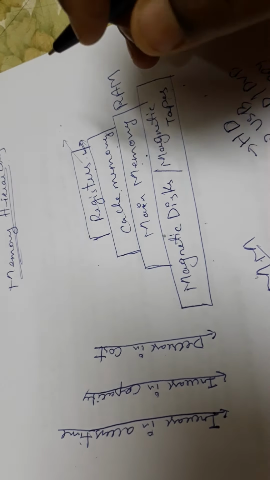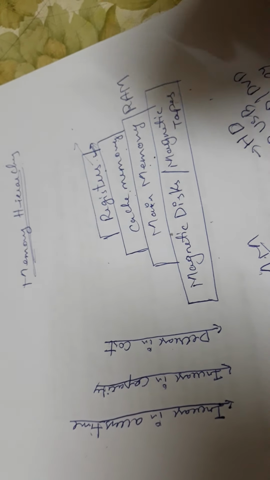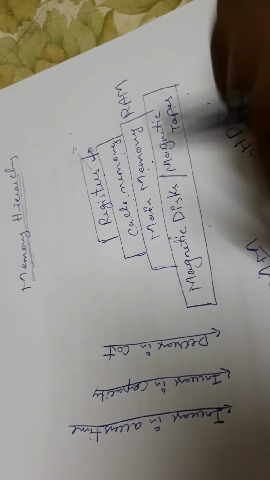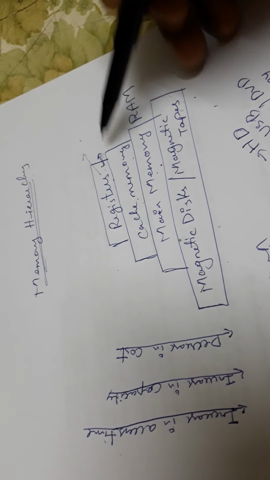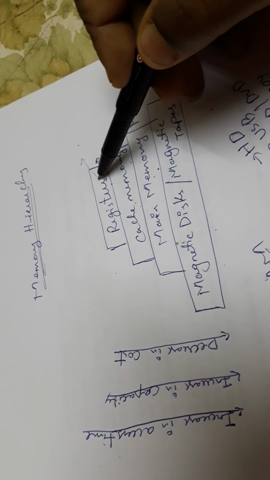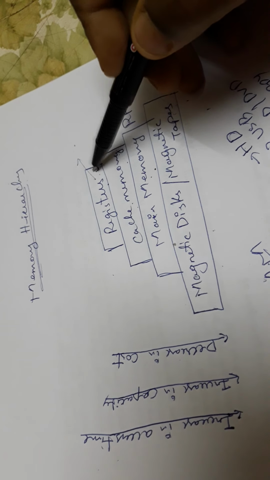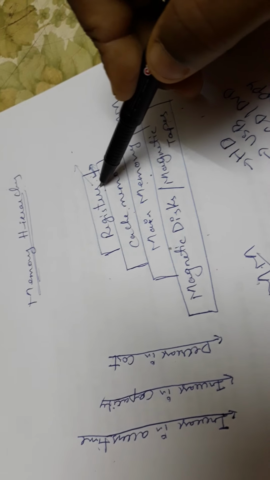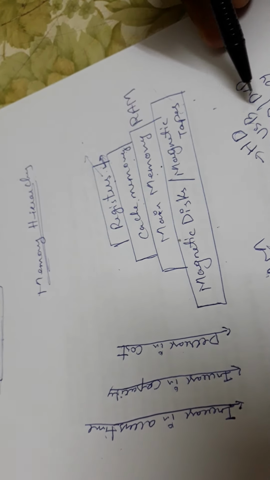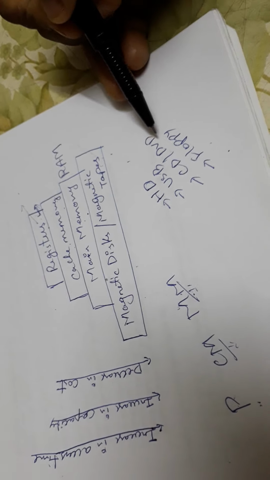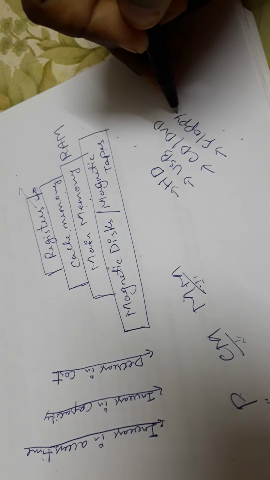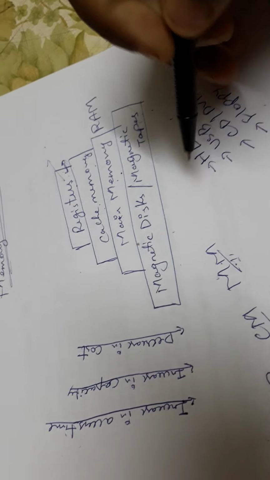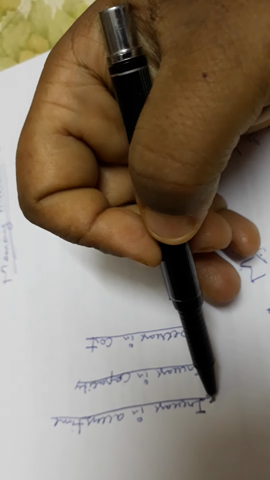The registers are present inside the processor only, so identifying a program or particular data will be very easy for the processor. But when you talk about auxiliary memory, CDs, DVDs or floppies, it has to search for that particular program, so it is very difficult. So the access time increases from top to bottom.